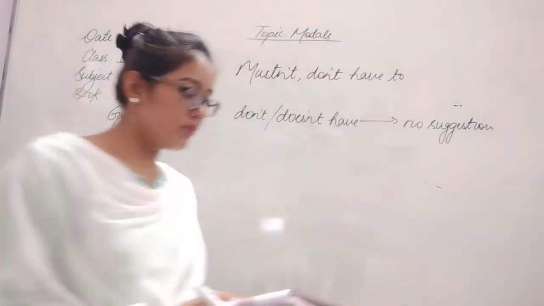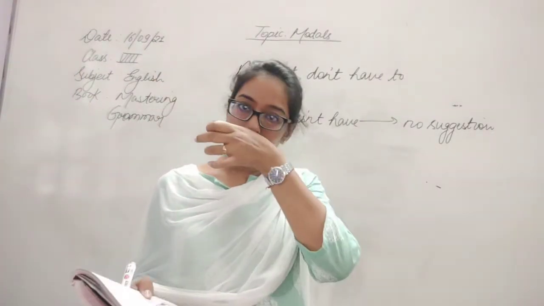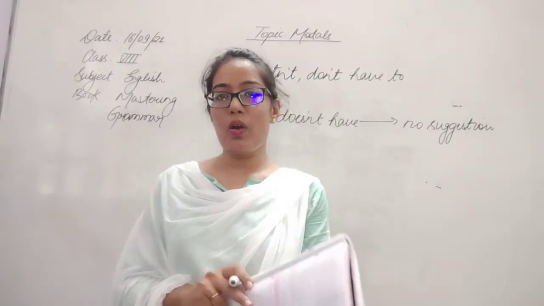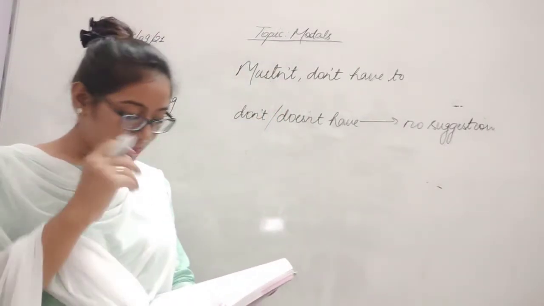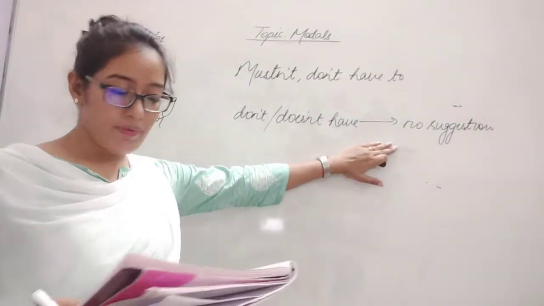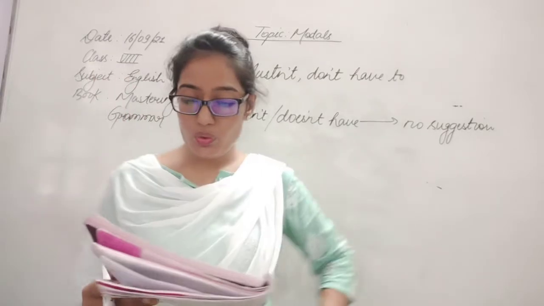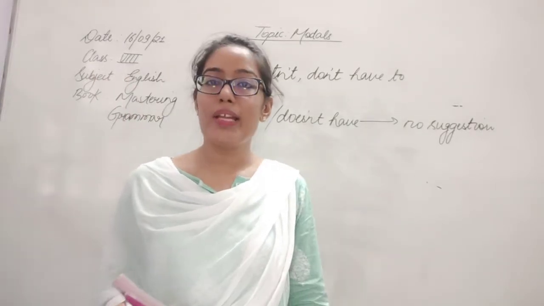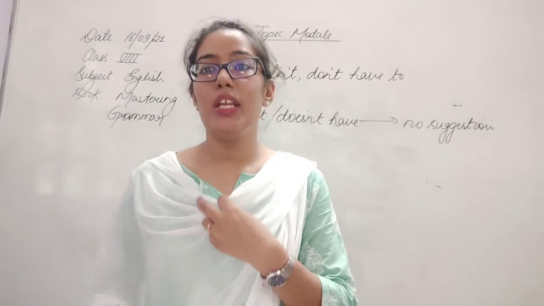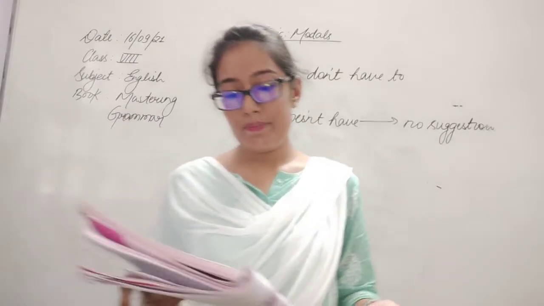We have talked about should and ought to, that they give suggestion or advice or obligation, but don't have to and doesn't have to don't give any suggestion. There is no need to do it, but do it if you like, meaning they personally don't give any suggestion. If you want to do it, do it.